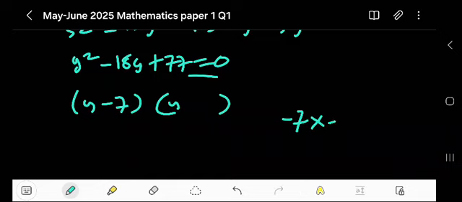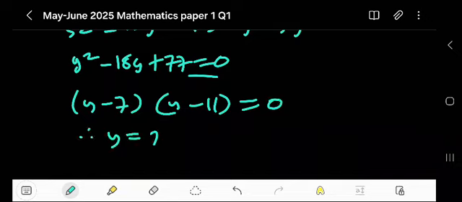Okay, this must be negative, guys. It will give us 77 when multiplied, and when I add, it must be negative 11. It's fine. If I say y minus 7 times y minus 11 equals 0. Therefore, you can see y is equal to 7 or y is equal to 11, right?